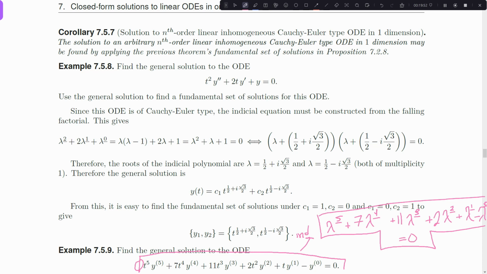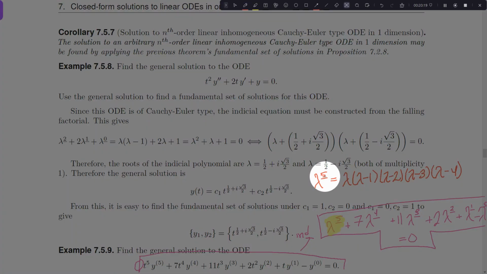So let's just look at the following factorial that would result from lambda to the 5 following factorial. So lambda to the 5 following factorial is lambda, lambda minus 1, lambda minus 2, lambda minus 3, lambda minus 4. I can remember when to stop once the total number of terms is the power. Okay, so 1, 2, 3, 4, 5 terms.